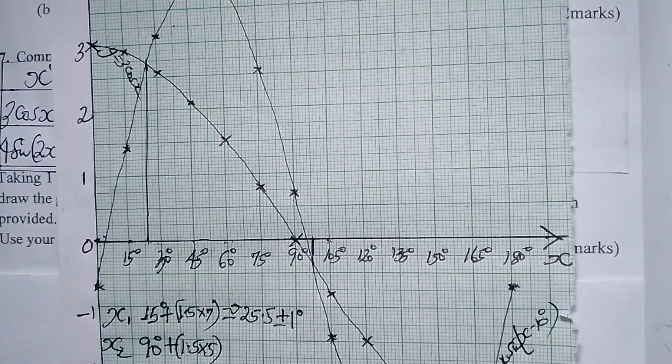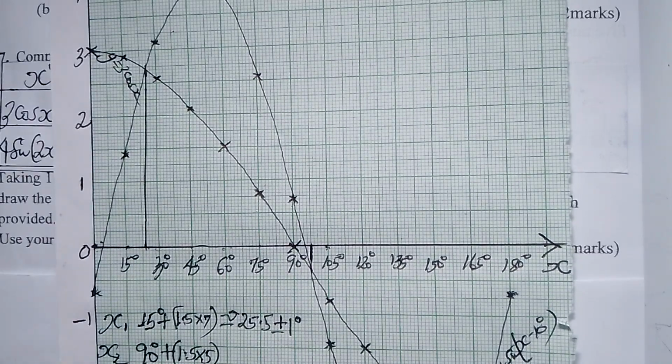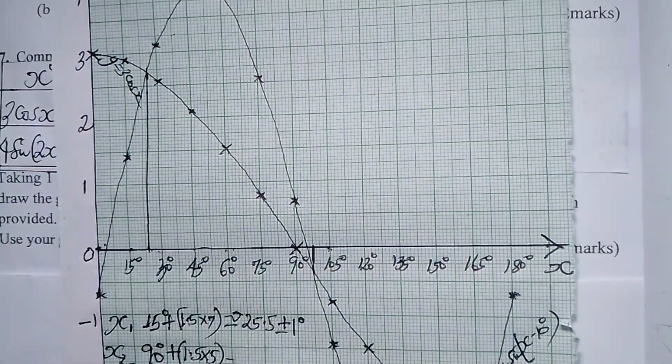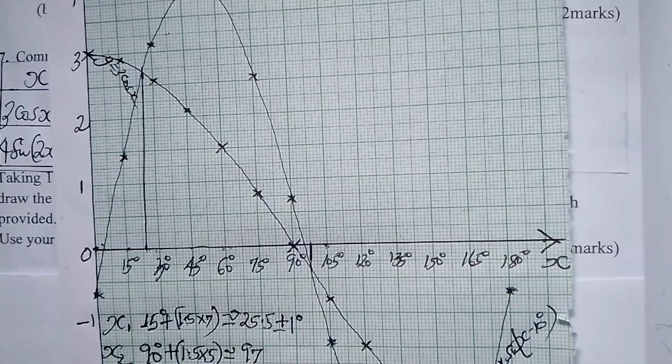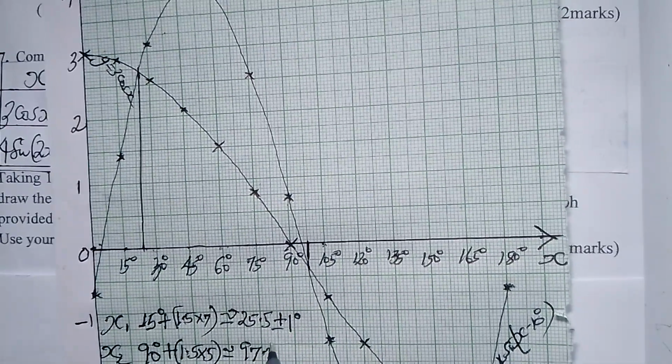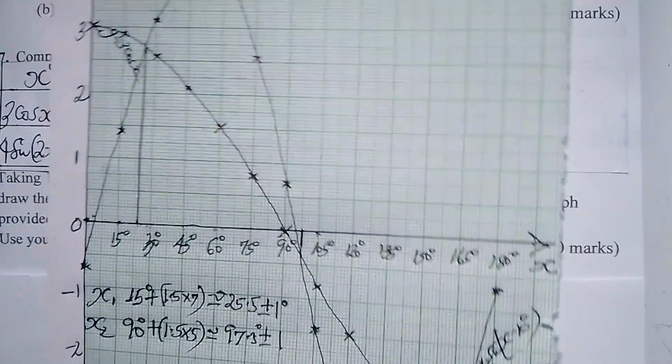And when you simplify that, you're going to get 90 plus 7.5. So approximately equal to 97.5 degrees plus or minus 1.